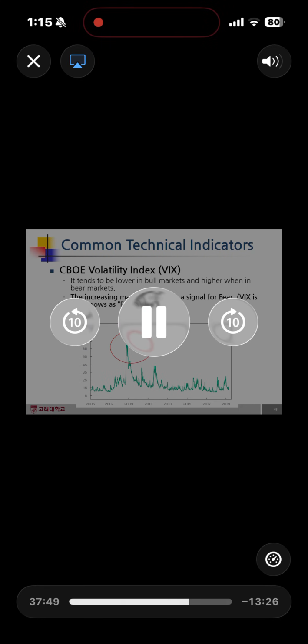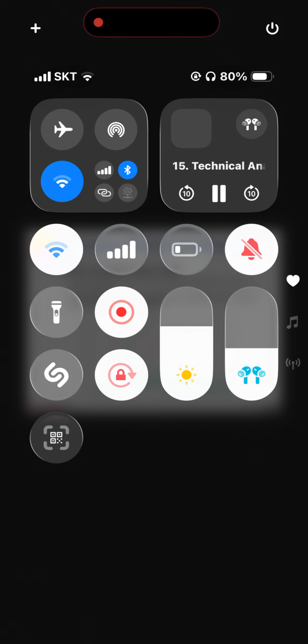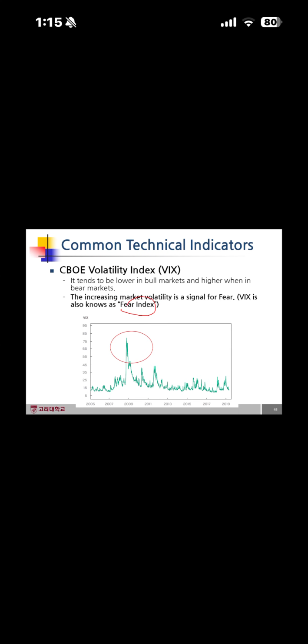So therefore, the VIX, or the volatility index, is sometimes called the fear index. This is because the level of the VIX tends to move inversely with investor confidence. During a bull market, investors are optimistic and market conditions appear stable, so the VIX tends to remain relatively low.